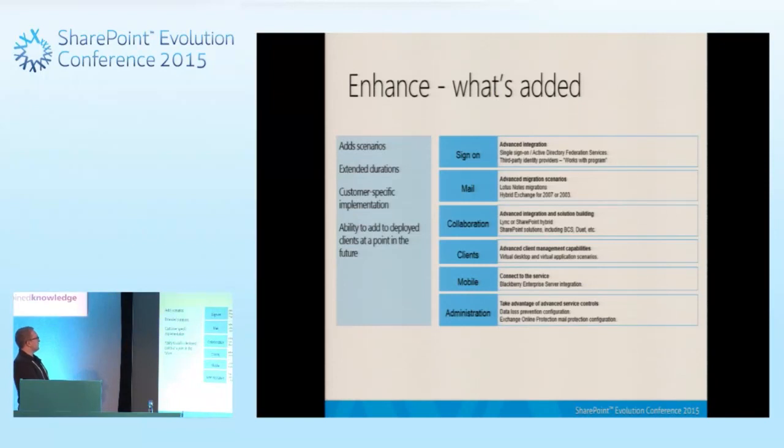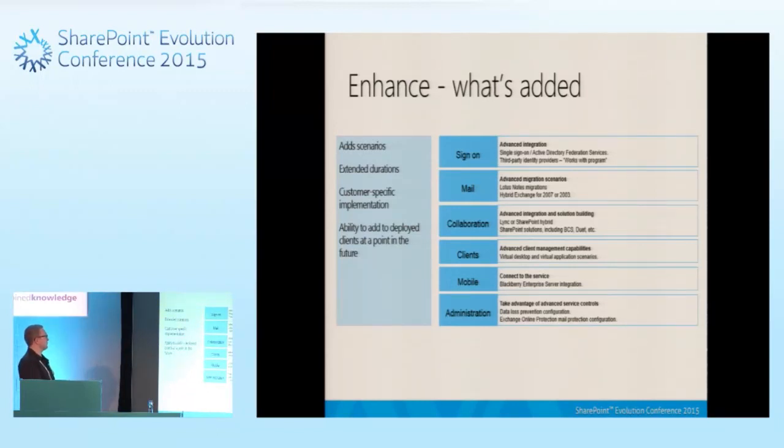So then, of course, it is sign-on, advanced integration. You can use Active Directory Federation Services. You can also start to trust others, third parties, and your customers. Your customers can get their username and password to access your SharePoint portal, for instance.